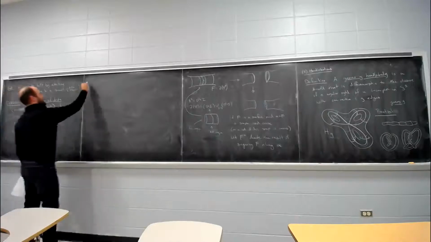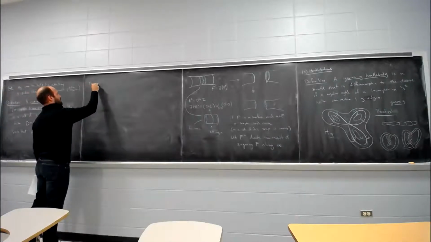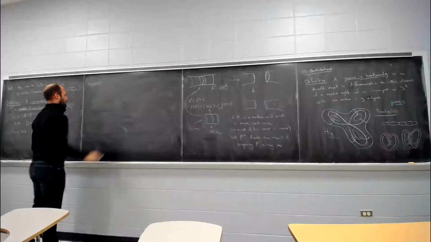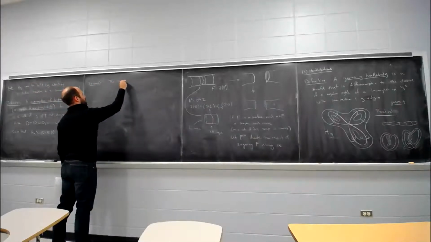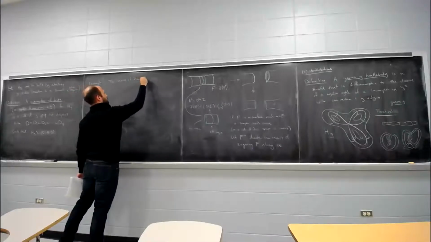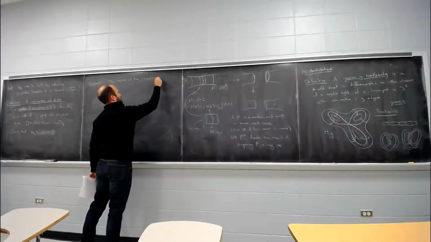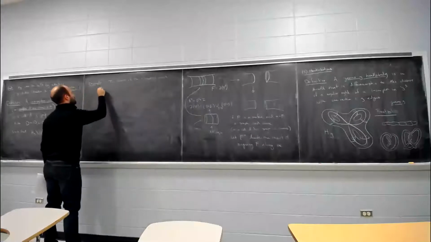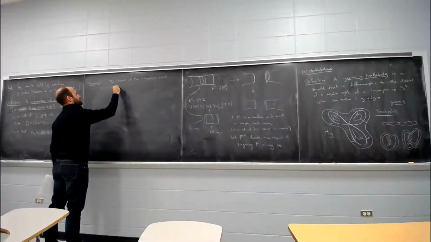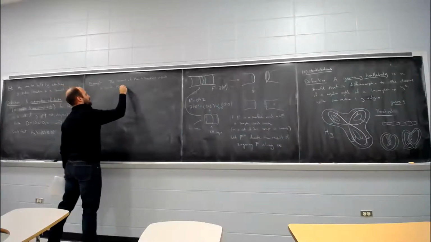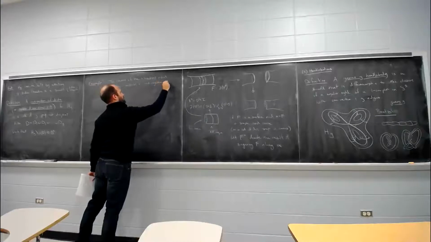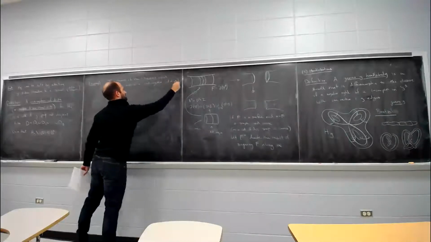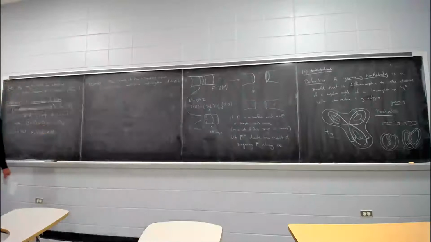Okay, so of course an example of this is that the cocores of the one handles used to build H_g are a cut system of disks for the handle body.